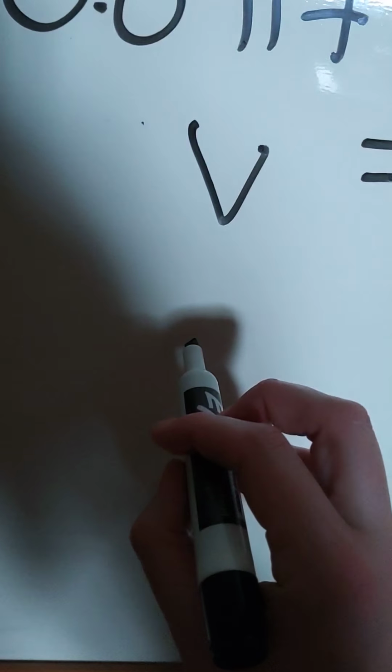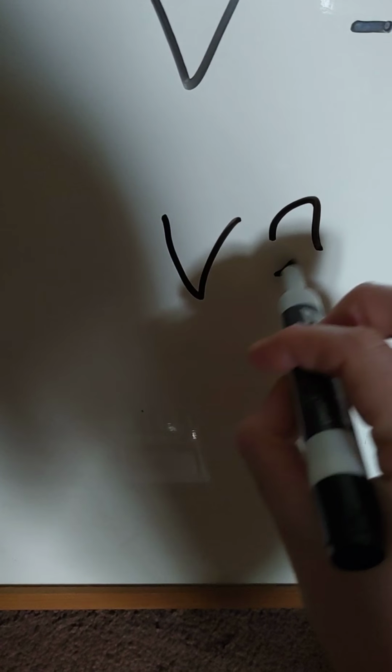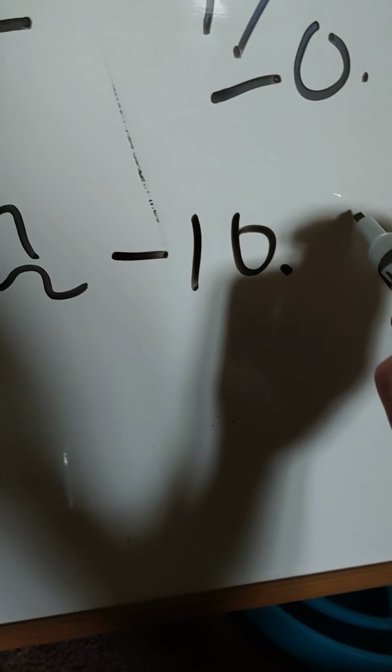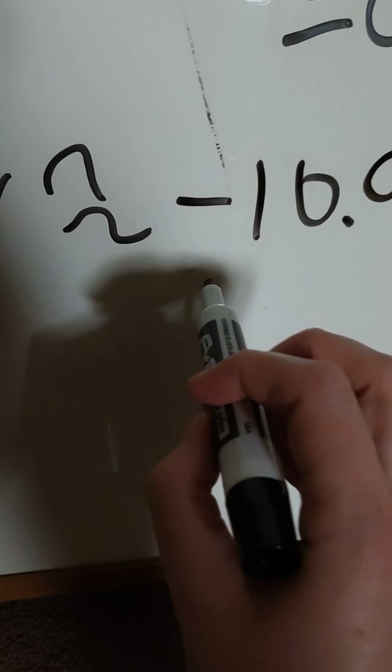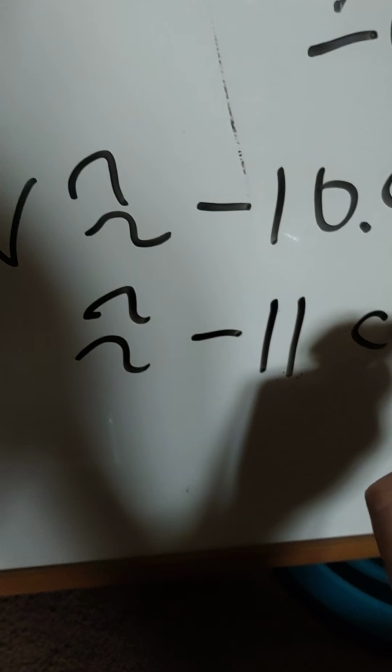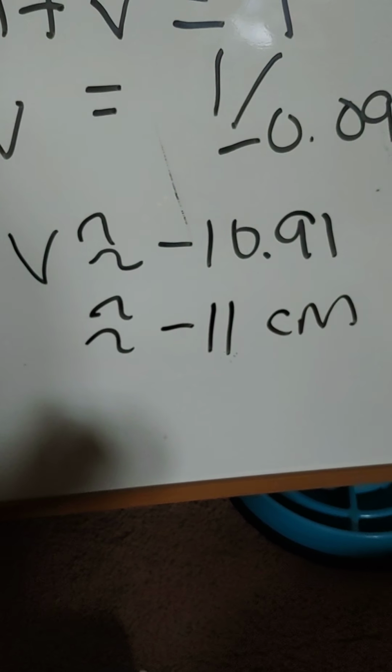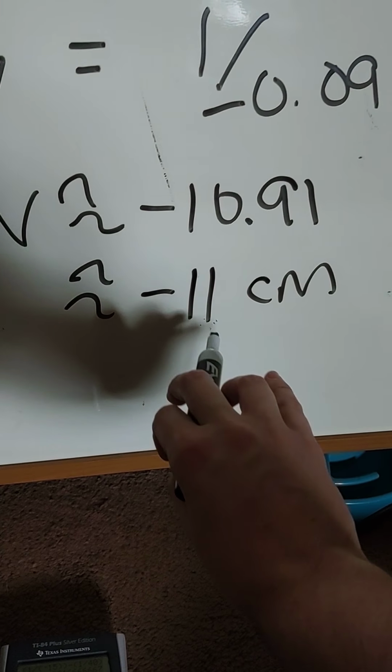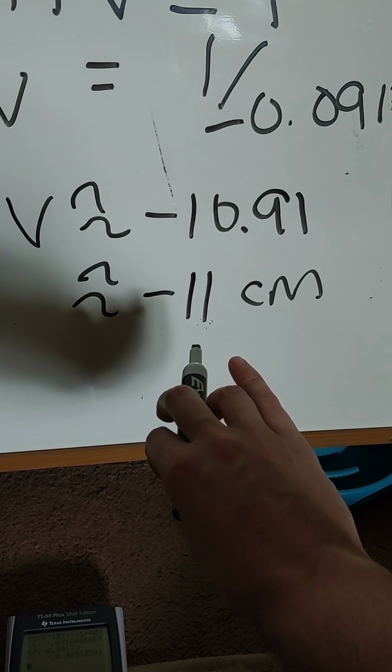We get an image distance of about minus 10. This is where Mike and I differ. 9.1. He's got us rounded to about minus 11 centimeters. So depending on what he's asking, I think he wants full numbers.